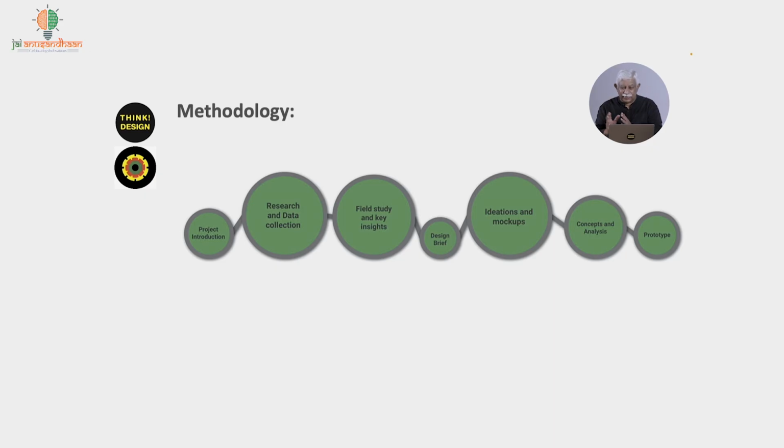Then comes the ideation phase, and along with ideation mock-ups are done, and that gives concepts and you need to analyze this concept and finally do the final prototype. So, if you can look at it, that is the design process followed in this particular project.